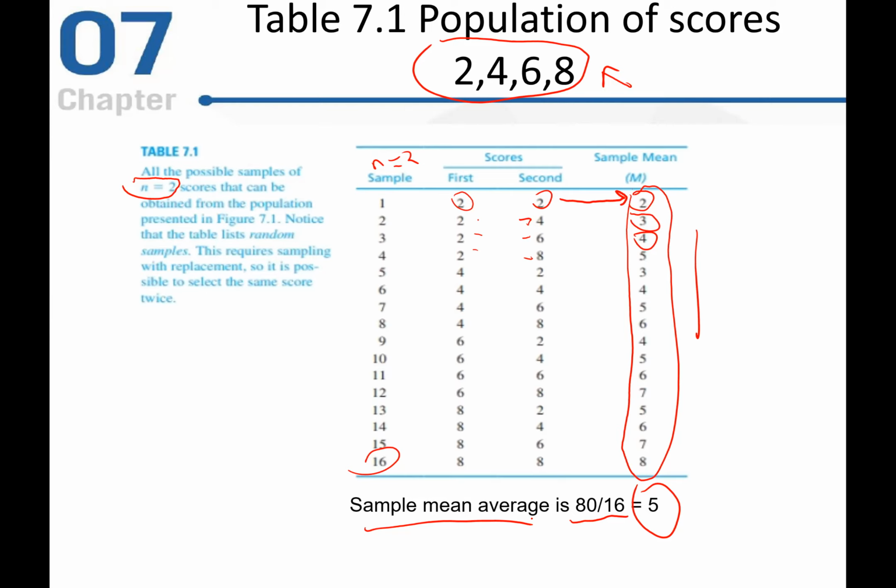If we take all the possible samples with a sample size of 5 and calculate a mean for all of them, and then average all of those sample means, that sample mean average is going to be equivalent to the population mean that those samples came from. All right. So we're going to talk more about this.